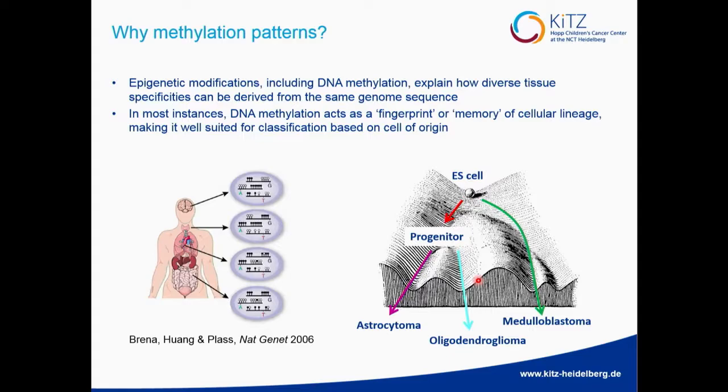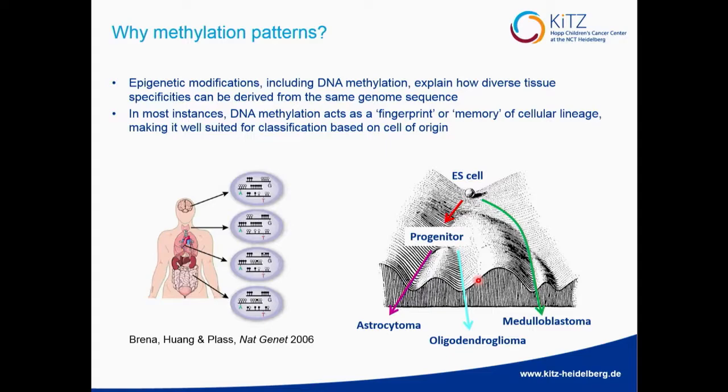So what we think, and can also now prove for one or the other entity, is that these DNA methylation fingerprints largely resemble a cell of origin memory rather than something that undergoes dramatic evolution during tumorigenesis.